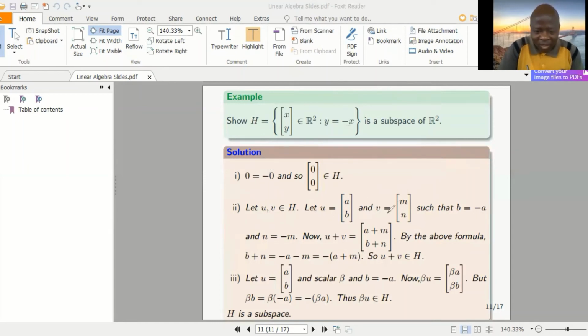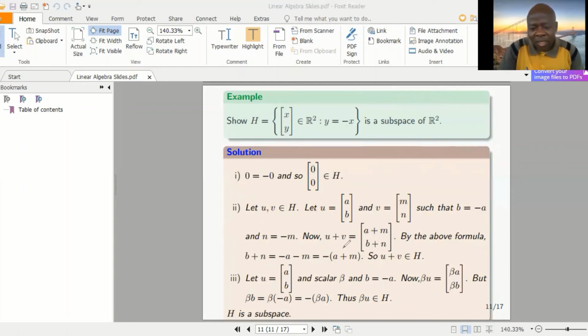That's what I showed here. When you follow this, you understand that's what I showed. I said let u be that, let v be that, such that the second element is negative times the first element, and also for this part, the second element is negative times the first element. And so what is the sum? The sum will be this. Can I show that the second element is also negative times the first element?